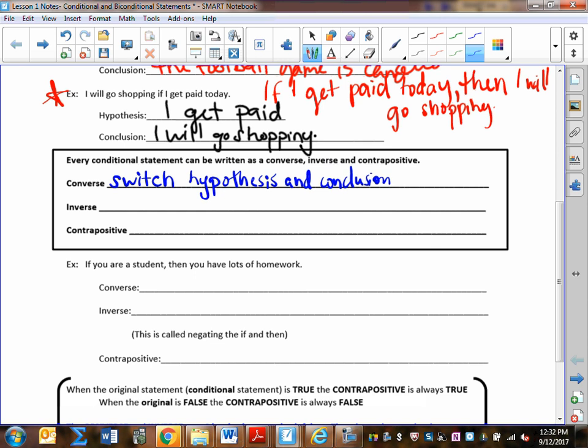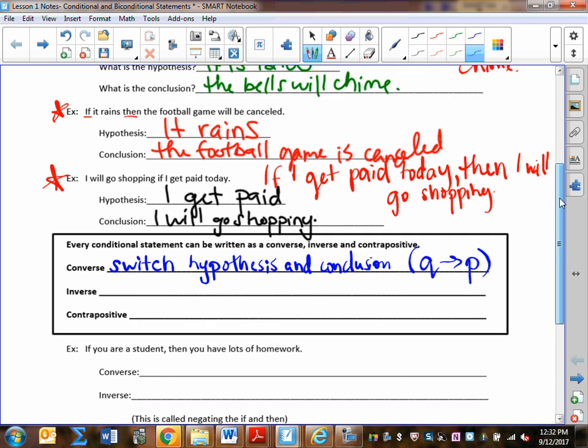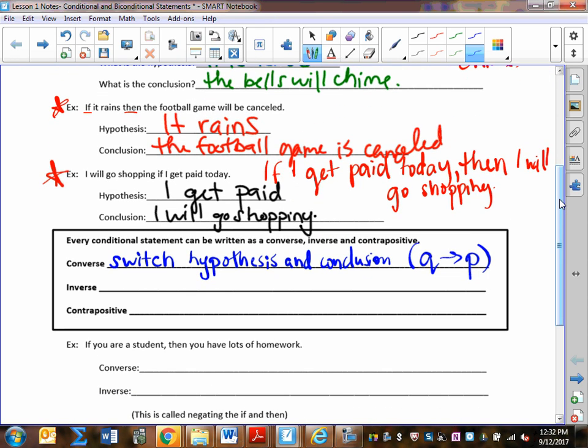If Q then P. Good. So again, if we're switching the hypothesis and conclusion, then my notation is going to be Q implies P, or if Q, then P. We switched those. So let's say with the second one, if the game is canceled, then it rained. That would be the converse.